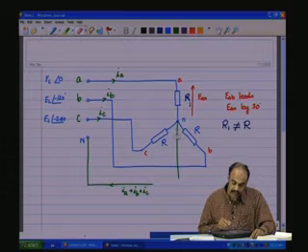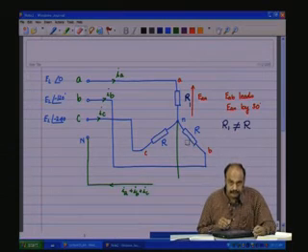So, the voltage drops in this phase will now change.